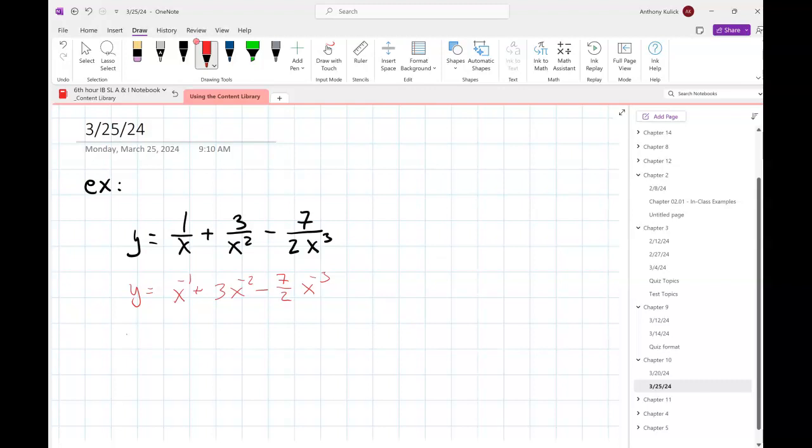Now, when I take my derivative, what's the derivative of x to the negative 1? The exponent multiplies to the coefficient, and I subtract 1 from the exponent, right? Everybody's okay there? Okay, what's the next one going to be?